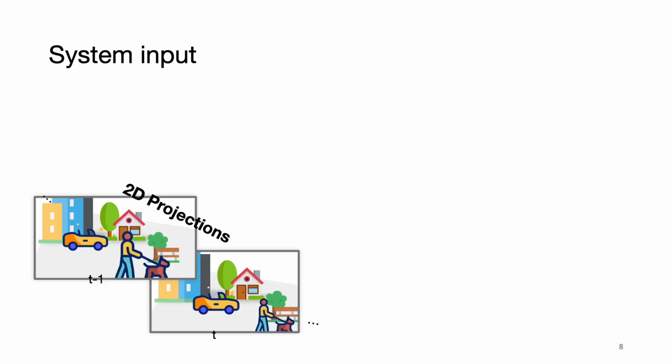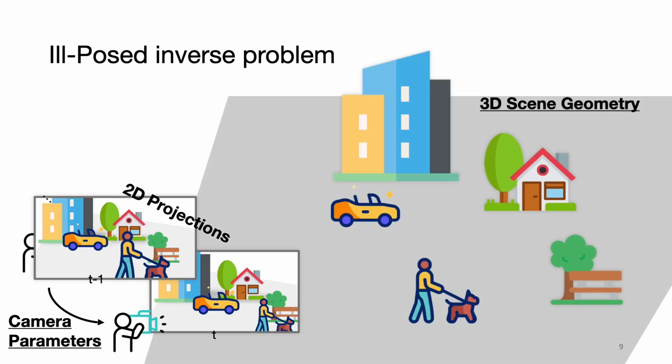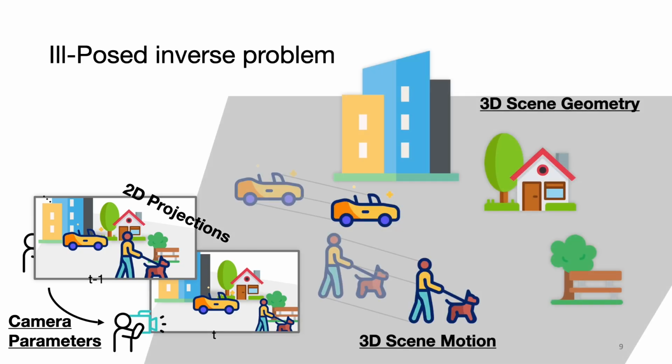If we only have a single camera, then we're bounded to a single observation for each time step, because the world is changing. So these are the inputs to the system, and we want to solve this inverse problem of getting the camera parameters, the geometry of the scene, and also how things are moving in the world.